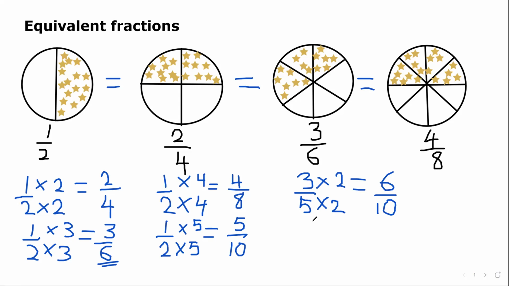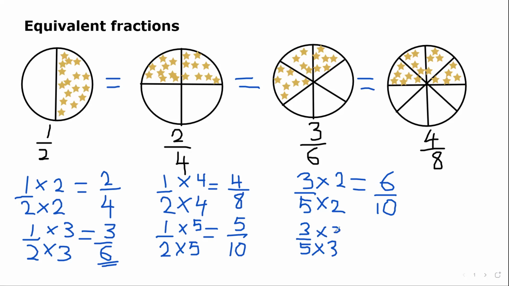Are you okay? Good. If I want to write another fraction that would be equivalent to 3 over 5, then I have my 3 over 5 here. Okay, and therefore I'll pick another number to multiply both numerator and denominator. So here I can pick 3 to multiply these numbers.